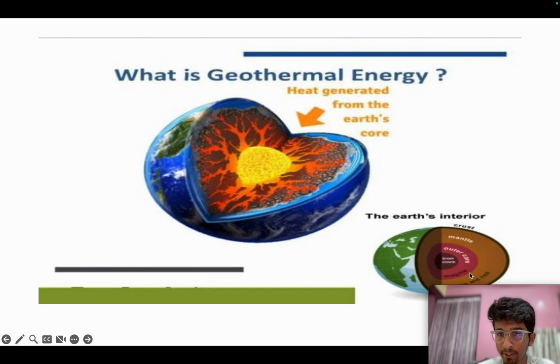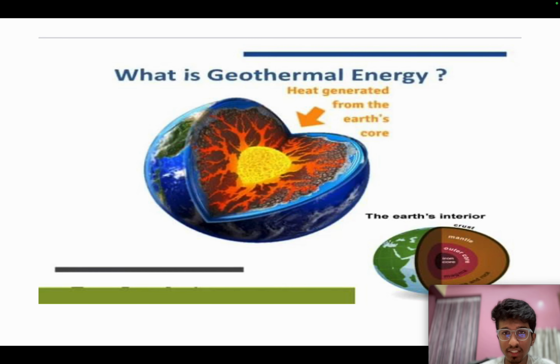The core is divided into two parts, the inner core and the outer core. The core is very hot, highly thermal and reactive, so it is not possible for any human to survive there. Then comes the mantle, which is the middle layer below the crust. It is also very hot, and it is very difficult for any human to survive in those conditions.